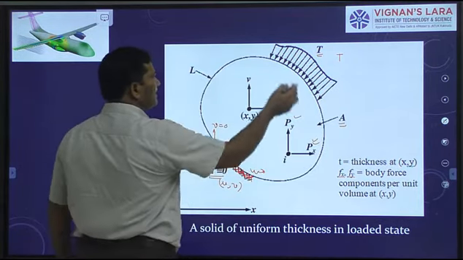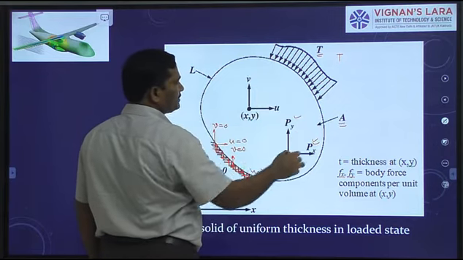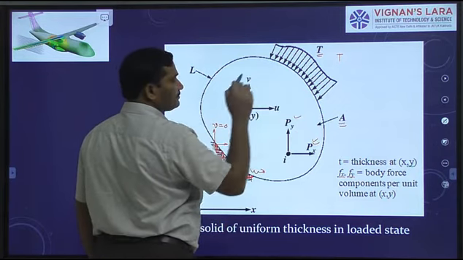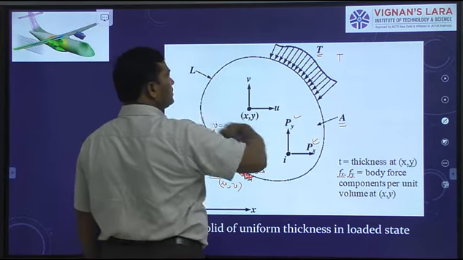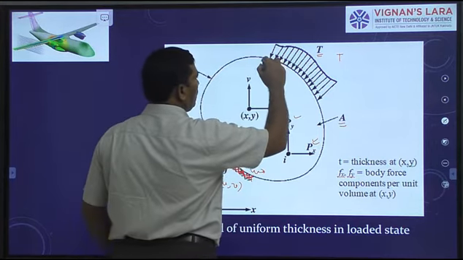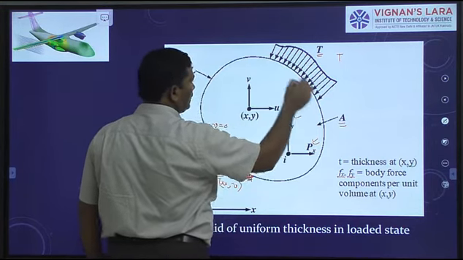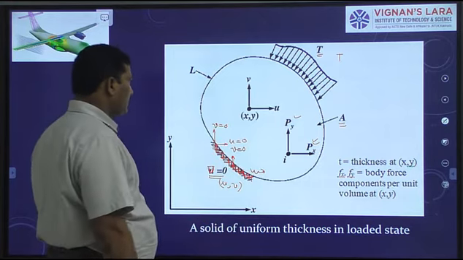Where this traction is applied on the surface of this object, on the boundary.